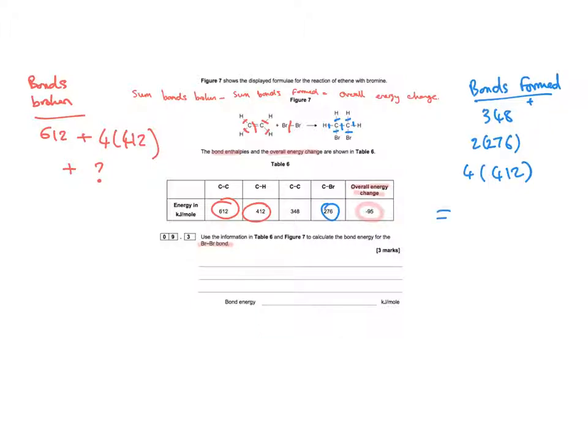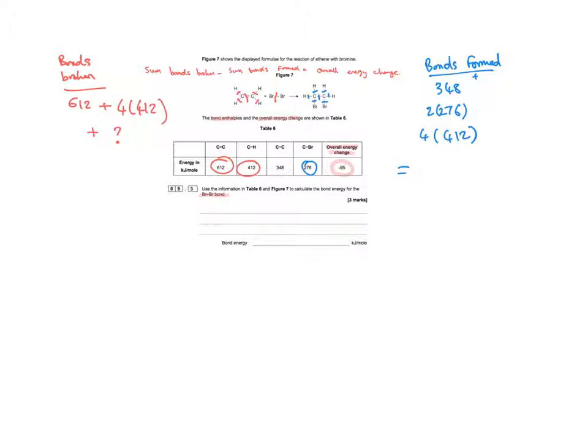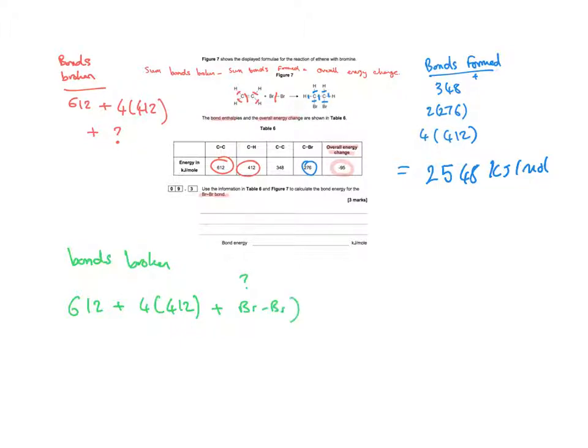So let's get totals for these now. So my total bonds formed, if I add all that together, is 2,548 kilojoules per mole. I also know that my bonds broken is 612, add 4 lots of this, add the thing that I'm trying to work out, my bromine-bromine bond.